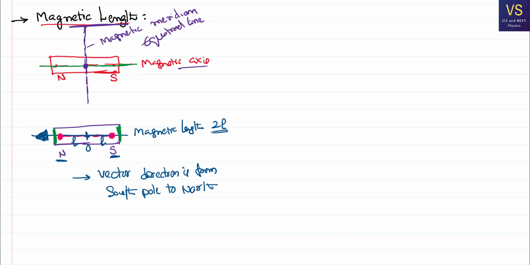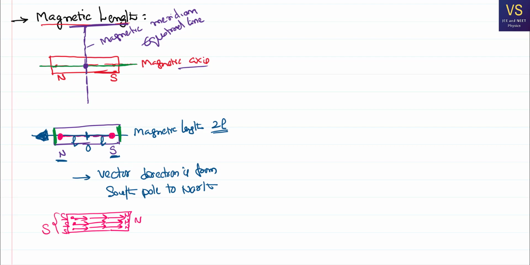If you go into that detail, a bar magnet has so many molecules or even atoms, each behaving like a small magnet. So each small magnet has its north pole at one end, which together becomes the north pole, and all south poles at the other end, which together becomes the south pole.